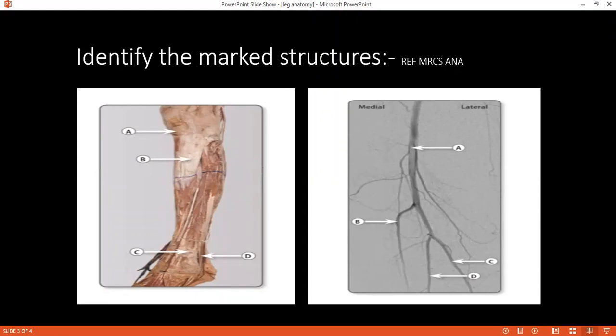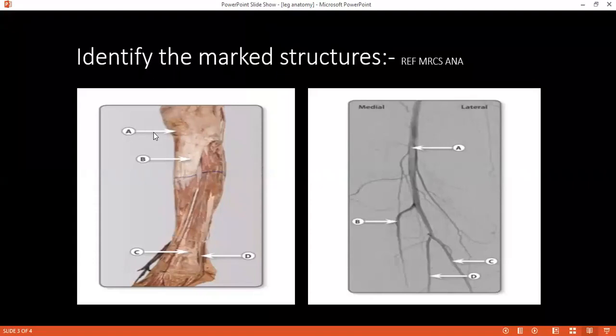And then what is D? D will be the peroneal. Okay, good.